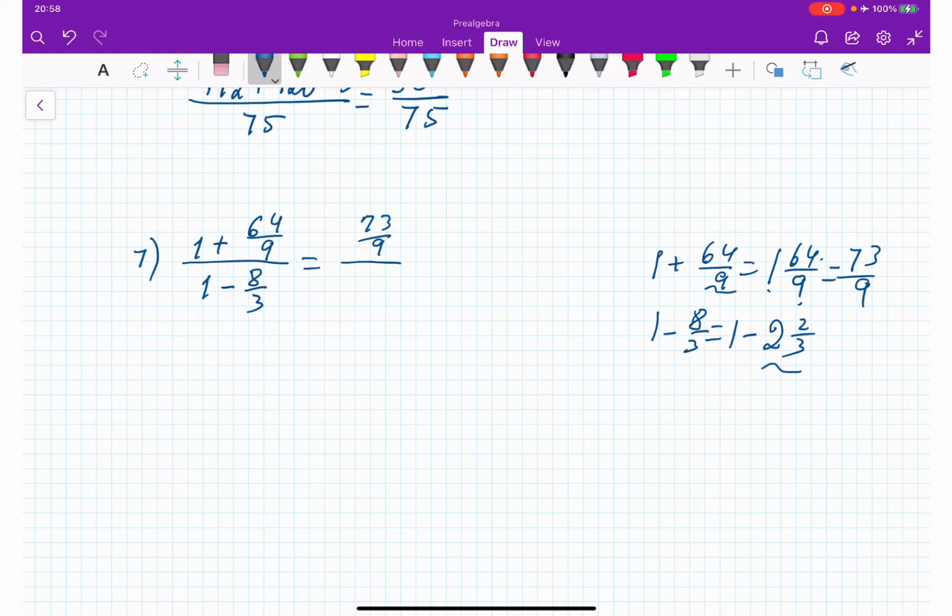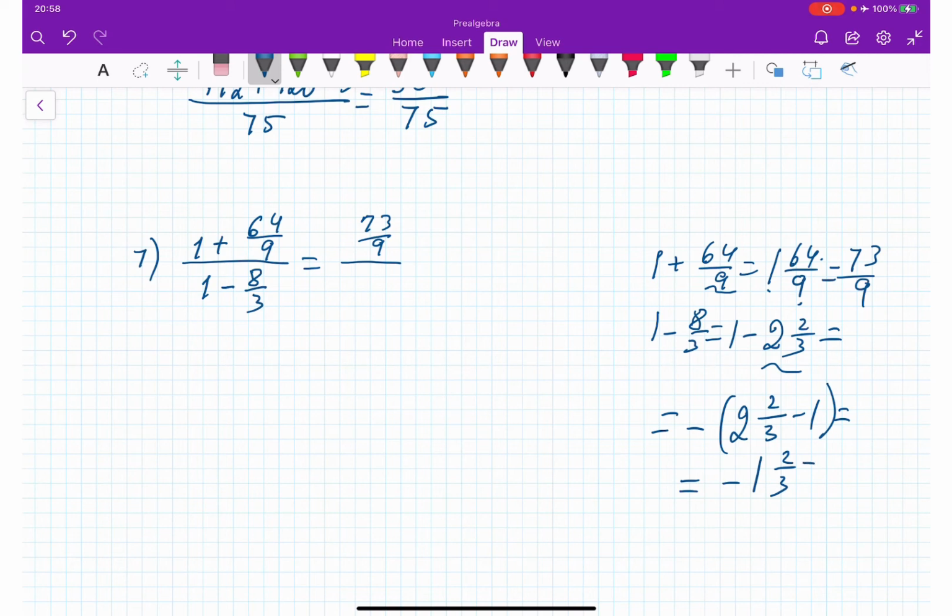I am taking away a bigger number from a smaller number, because 8 over 3 is bigger than 1, right? So obviously we are going to get a negative sign. I'm going to do 2 and 2 over 3 minus 1, and it's going to be negative 1 and 2/3.